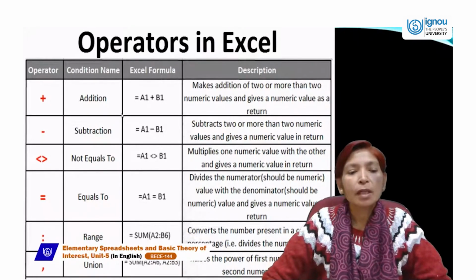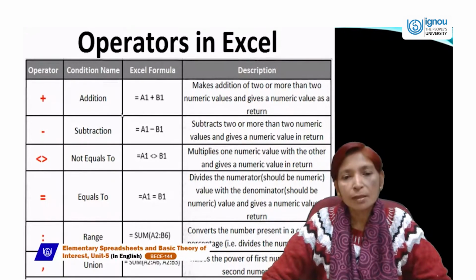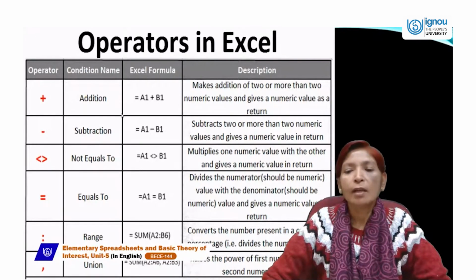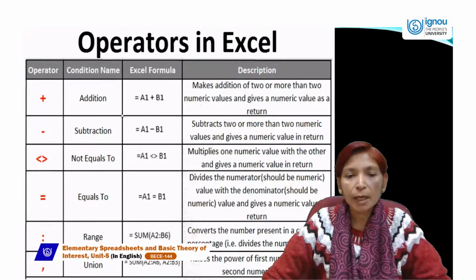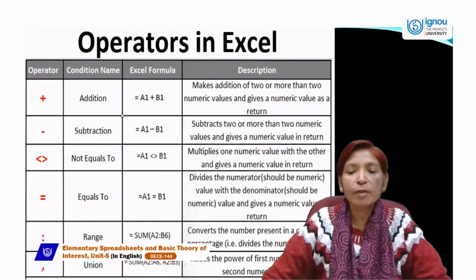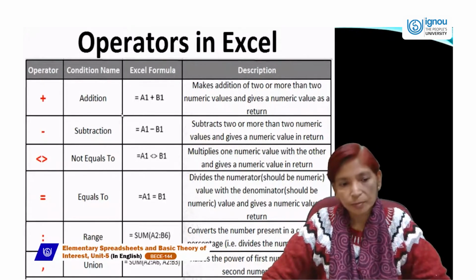And for division, A1 divided by B1, the numerator should be a numeric value and the denominator should be a numeric value, and it gives a numeric value in return. Like addition, subtraction, multiply and divide, we can describe these in this way. And range is the difference between the highest value and the smallest value.